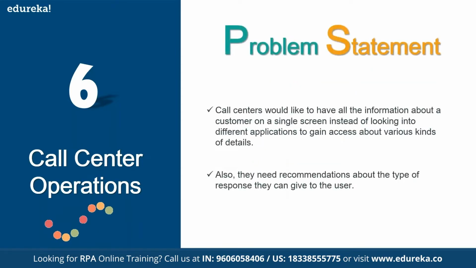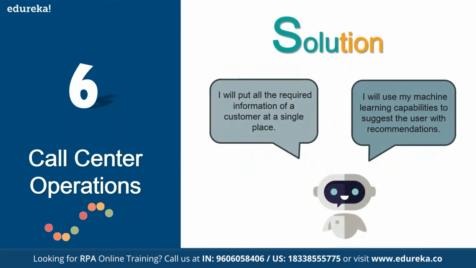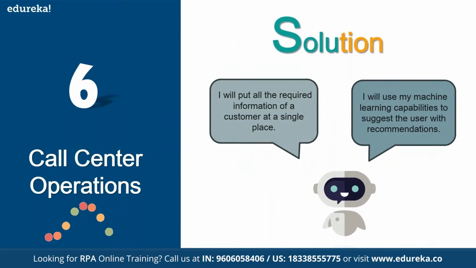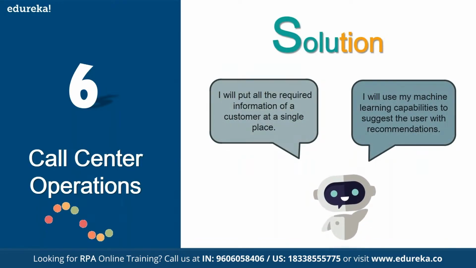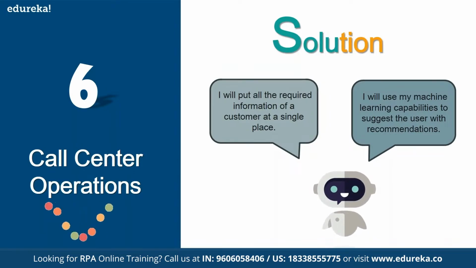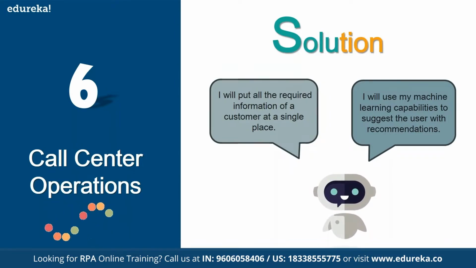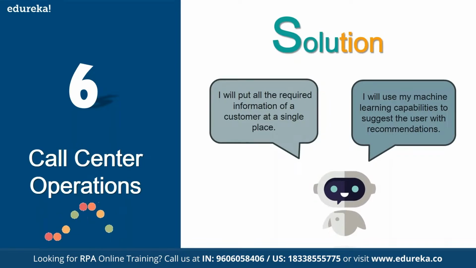The call center would like to have all the information about a customer on a single screen instead of looking into different applications to gain access to various kinds of details. That is what it is. Your RPA can fetch the data from different applications and flash it on a single screen so that your customer care executive can assist a customer efficiently.